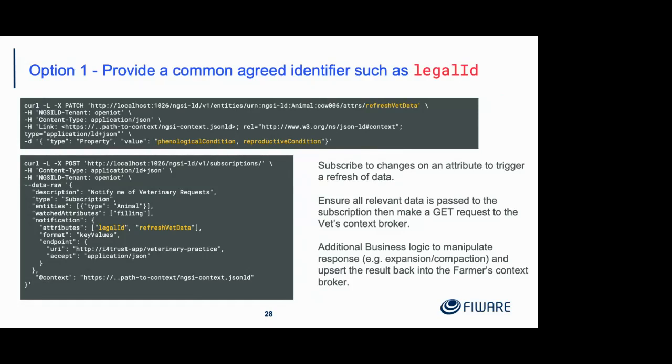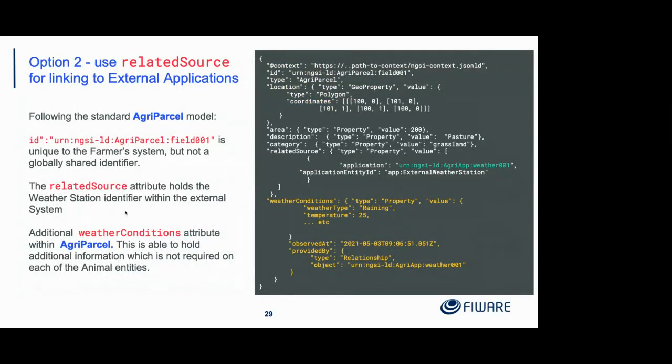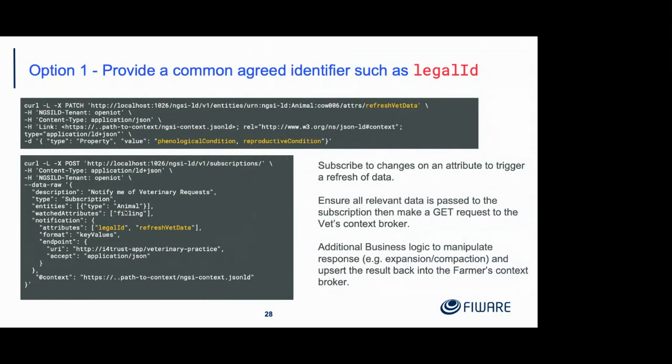This would be going towards a watched attributes, which has got the wrong thing in it. It should be refresh vet data. Yeah, so there's a mistake there. So I'm watching the animal entities, and my watched attribute should be the refresh vet attribute.